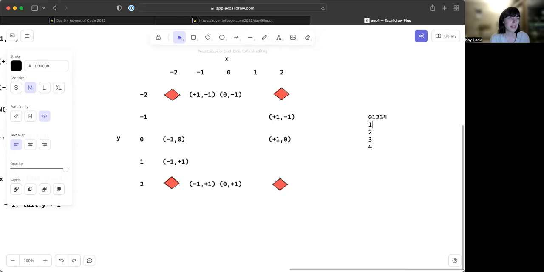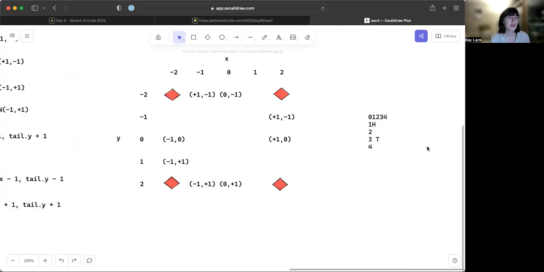So this is the case in which head is here. Tail is 1 along. This is this case. And so in this case, tail should move -1, no, +1.